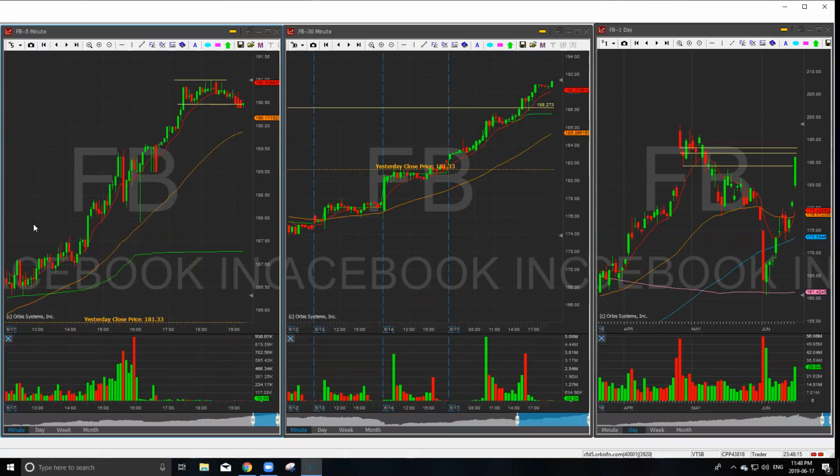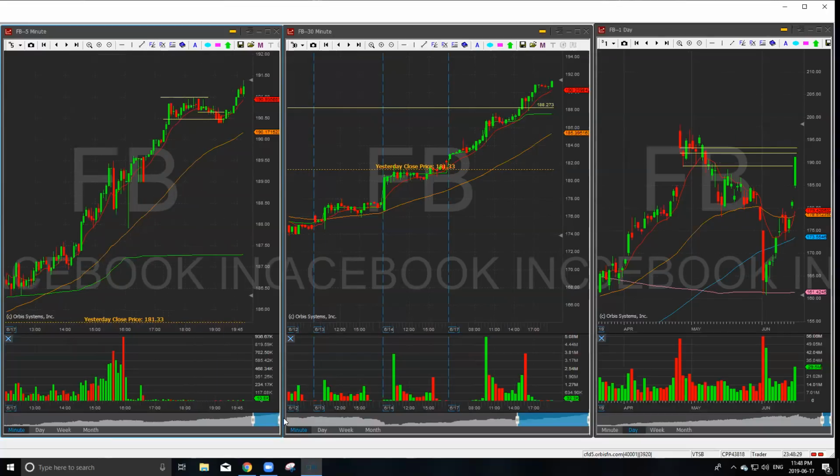I want to see it make a push, top out, and then do something like this, and then it snaps down, and then retrace, and then eventually hit something like this, and then just roll over. That would make a lower high for me, and I'll just short it from this area if it rejects, okay? Or if it comes up, double tops, and then fails again, then I'll short it.